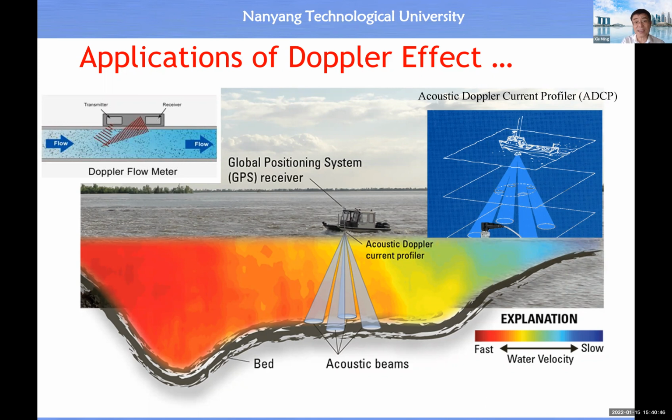Then in this case, you will see we may want to know the velocity profile of water in a river or in the sea area, because we use a ferry system to support transportation, and the flow velocity is very important to the captain of the boat or ship, because we can control the boat's velocity. If the current has a certain velocity, then it's important for the captain to know this information.